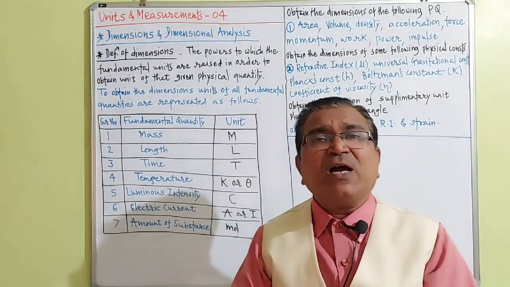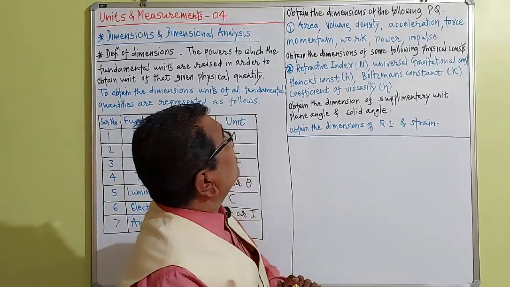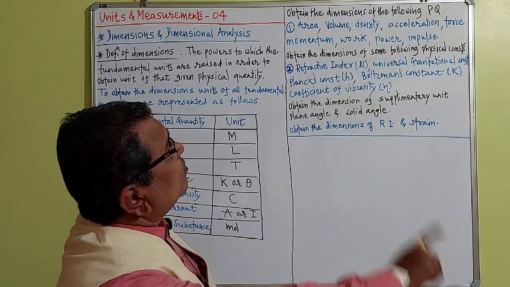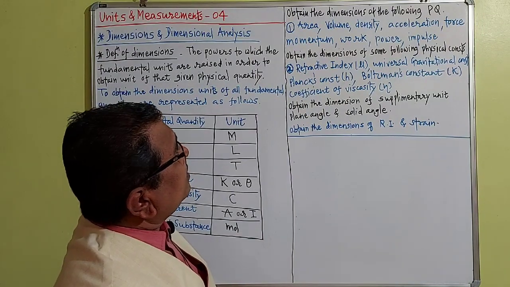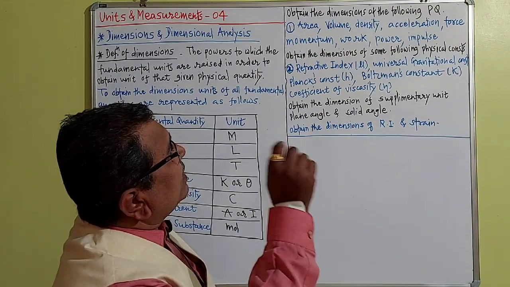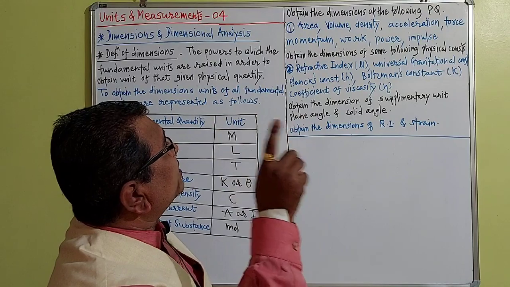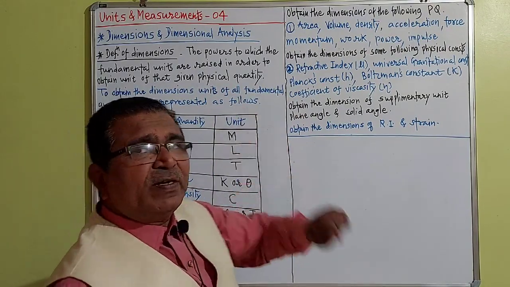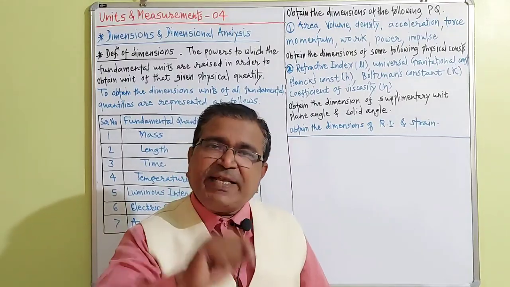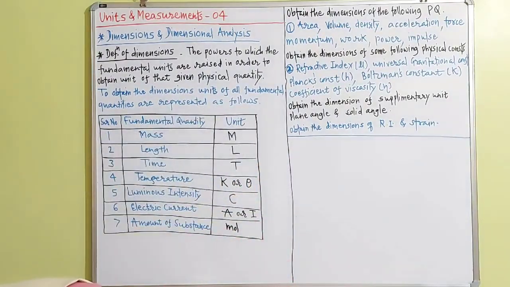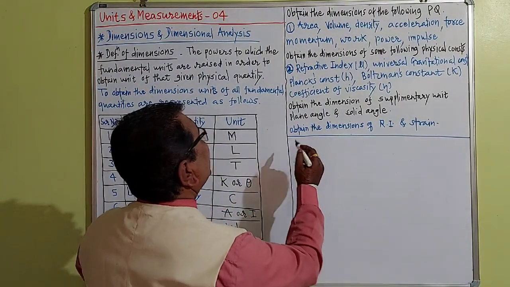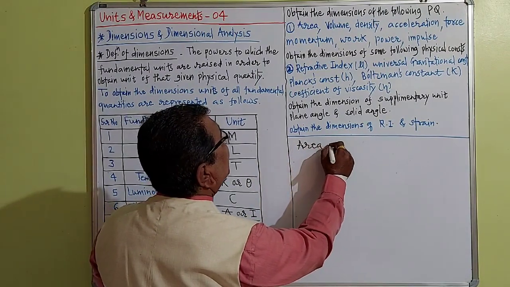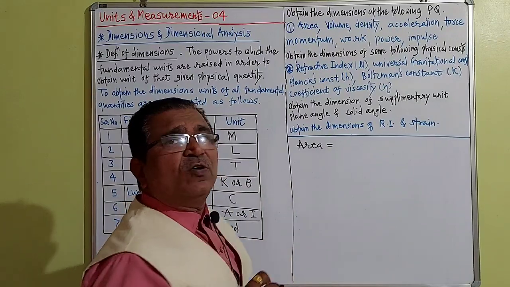Okay. So I have written some questions on the right-hand side of the board. Obtain the dimensions of the following physical quantities: area, volume, density, acceleration, force, momentum, work, power, impulse. Okay. So I will calculate the dimension of area. See here, dimension of area. What is the formula of area?